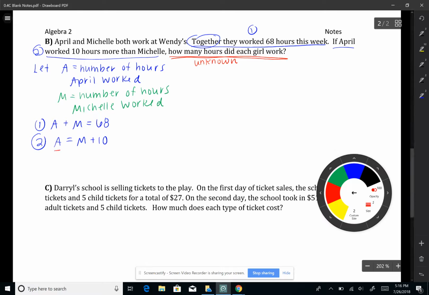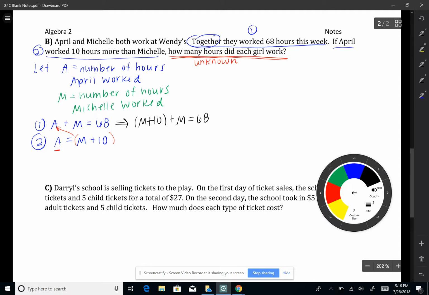Now this system, when I solve it, I think I'm going to use substitution because look at right here, this A is already by itself. So I can take this M plus 10 and stick it right in for that A. Let's do it. So that would be M plus 10 plus M equals 68. Now there's nothing to multiply inside these parentheses.